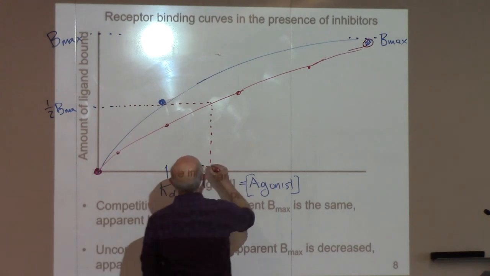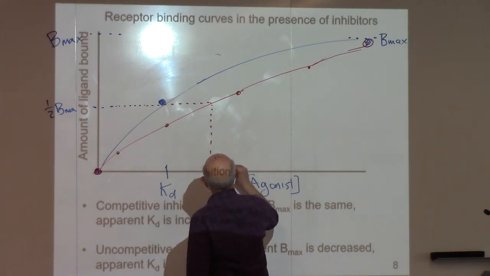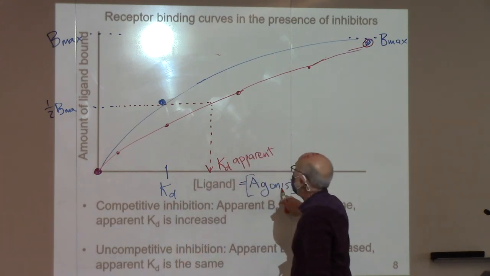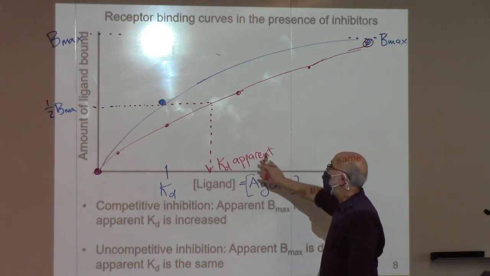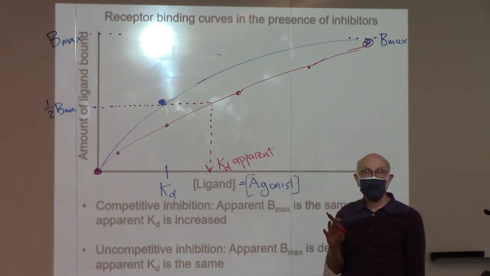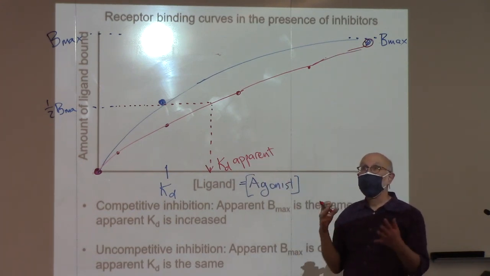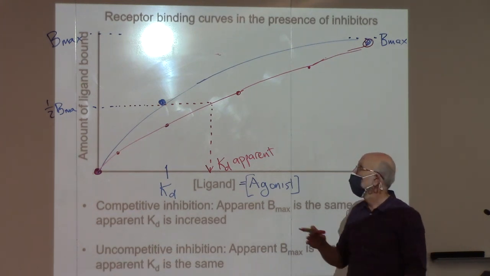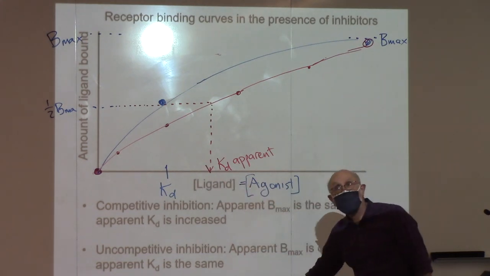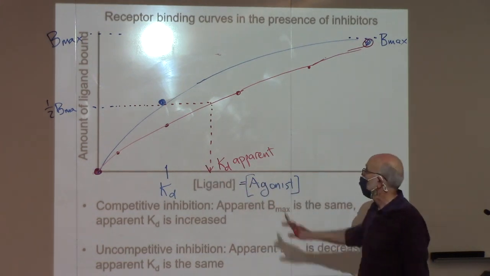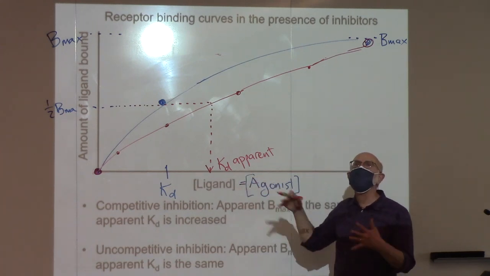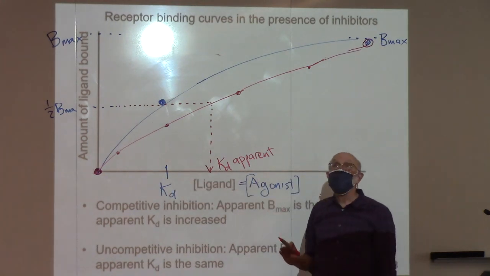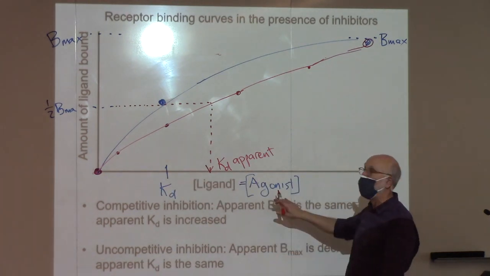So this is the Kd apparent of the agonist in the presence of a competitive inhibitor. Bottom line, a competitive inhibitor increases the apparent Kd, decreases the apparent affinity of the receptor for its agonist.